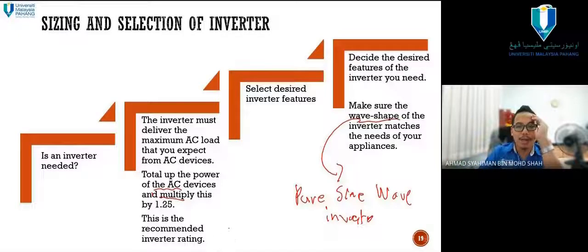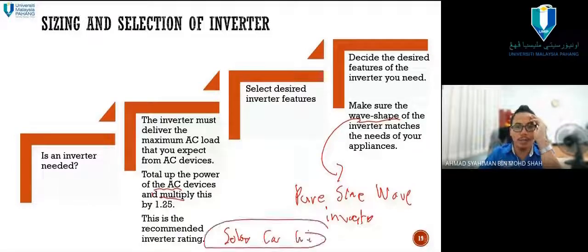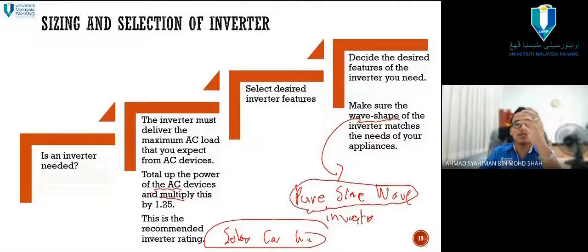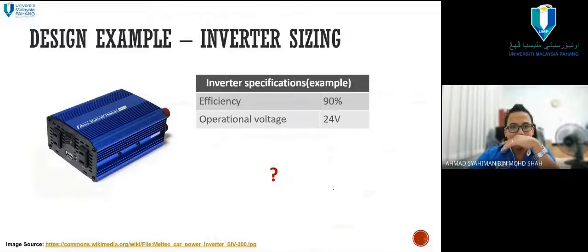Don't buy the solar car inverter. No. I strongly believe that it is totally 100% not pure sine wave. At least find a pure sine wave inverter. What does pure sine wave inverter mean? You Google the meaning. Okay.